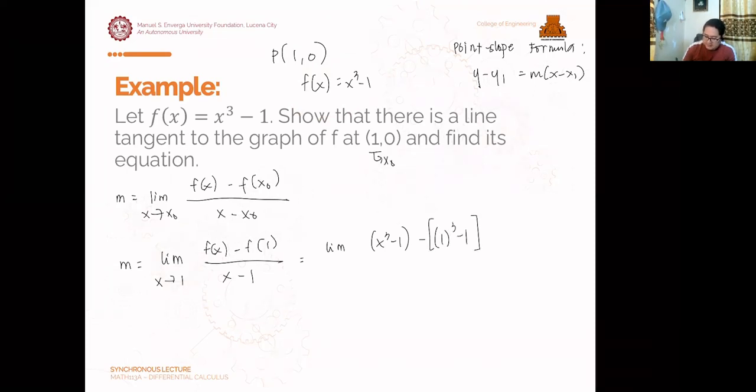Okay? All over x minus 1, x approaching 1. Okay? So, itong equation na to, 1 minus 1, so this will be 0 na. So, ka-cancel out na to. This will be limit of x cubed minus 1 all over x minus 1 as x approaches 1.